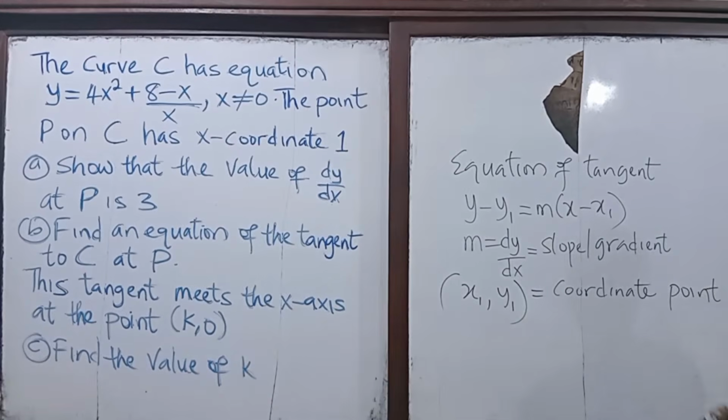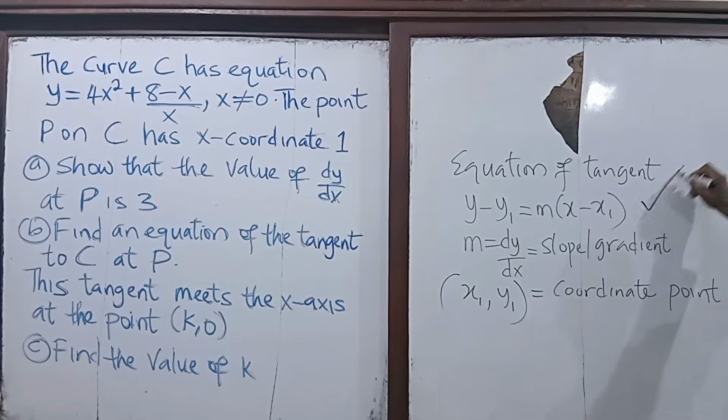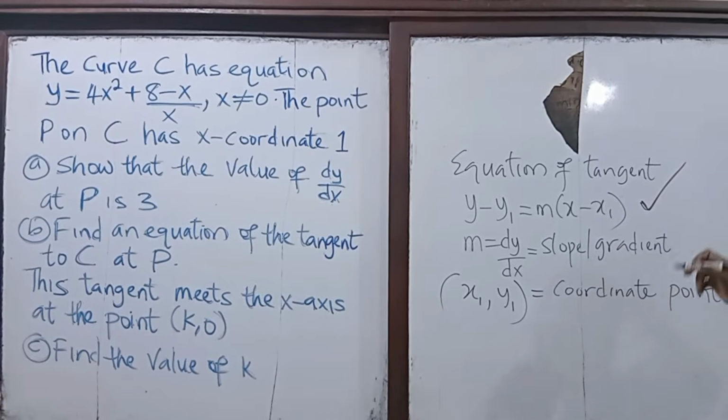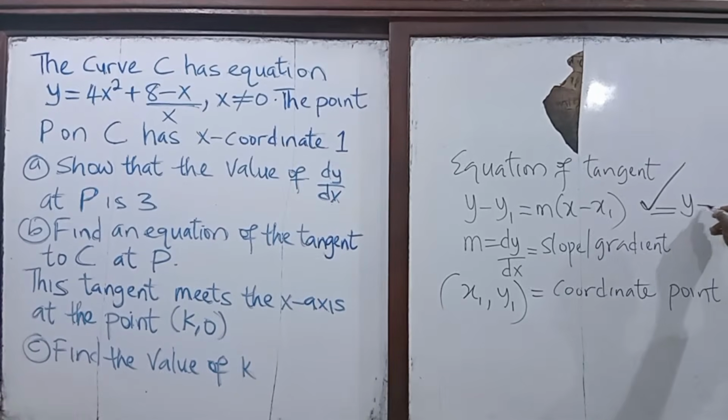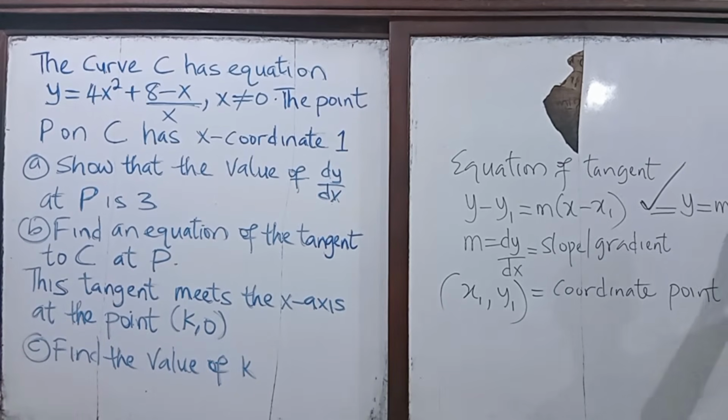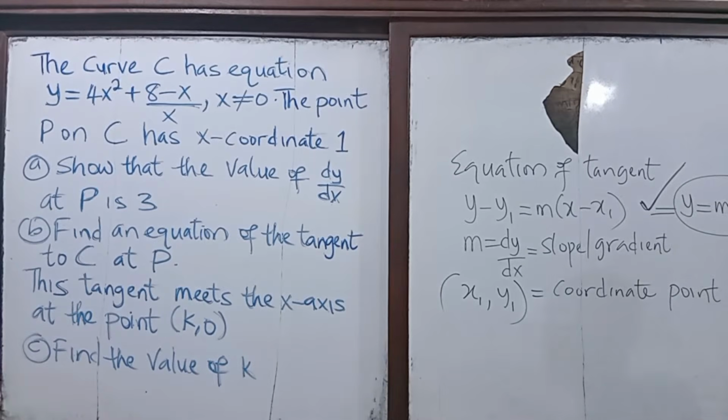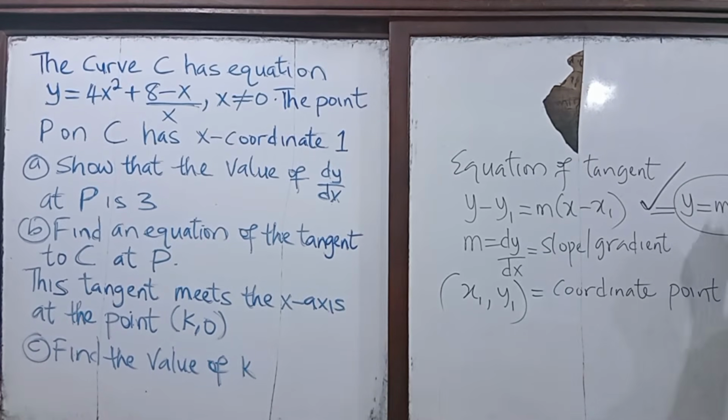This equation is a point-gradient equation. We can as well use this other equation. The choice is yours to get the equation of tangent, where m is the slope or the gradient and c is the y intercept.